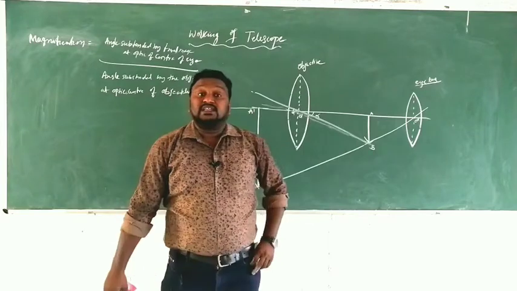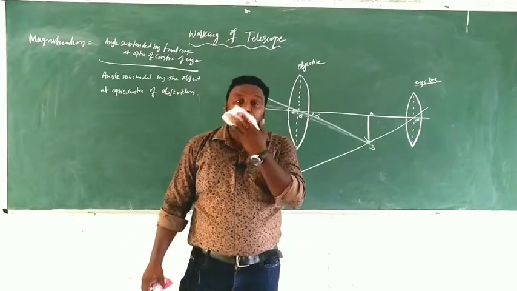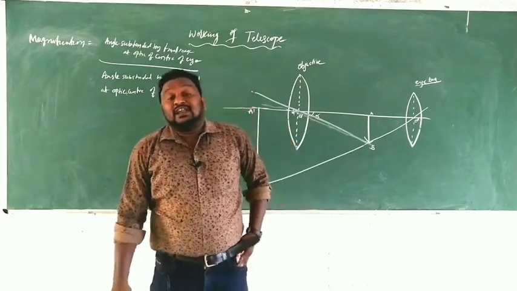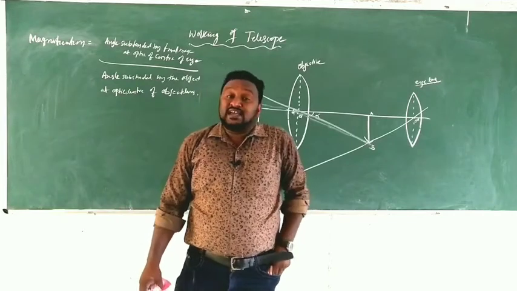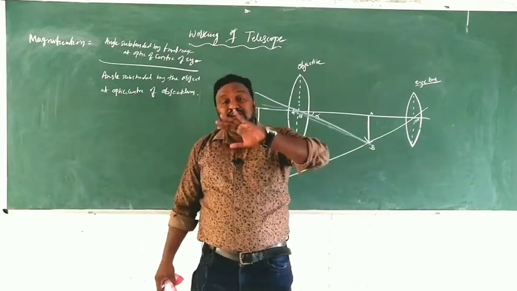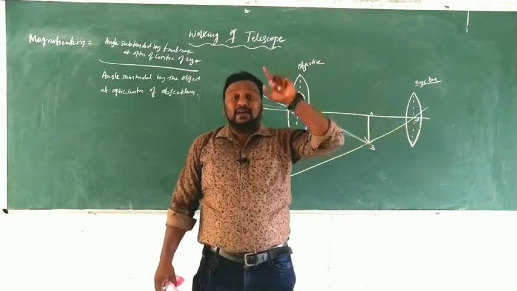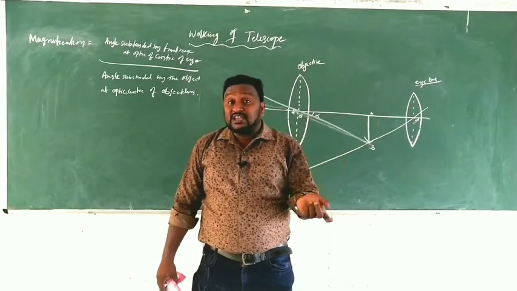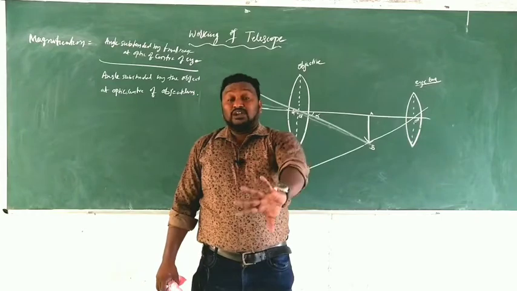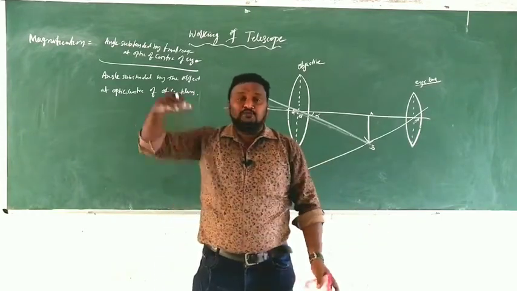So here there is one difference you have to observe. In the case of magnification of a simple microscope and compound microscope, we define the magnifying power of a lens as the ratio of the angle subtended by the image at the eye to the angle subtended by the object when it is placed at the position of the image. We define it like that. But in this case, the object is very far from us.